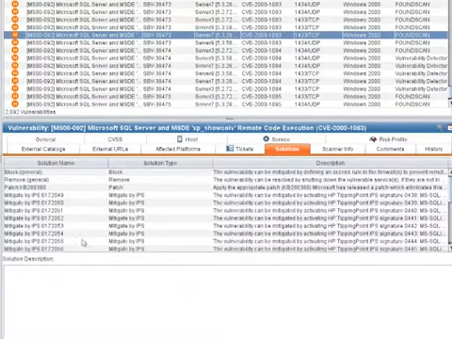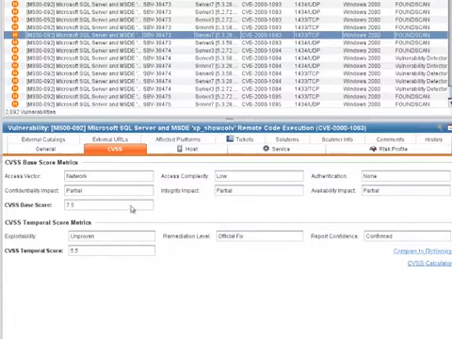I also have solutions that come from those URLs. These would be patches, fixes, workarounds, even IPS signatures that could be implemented to remediate or mitigate this particular vulnerability risk.